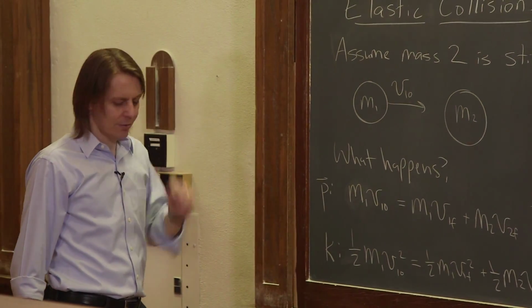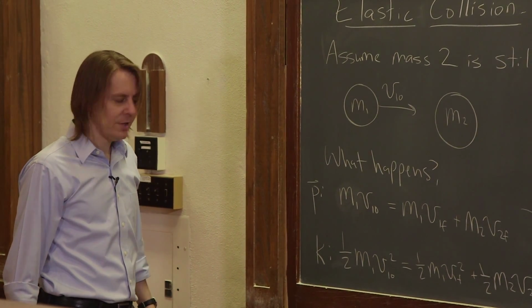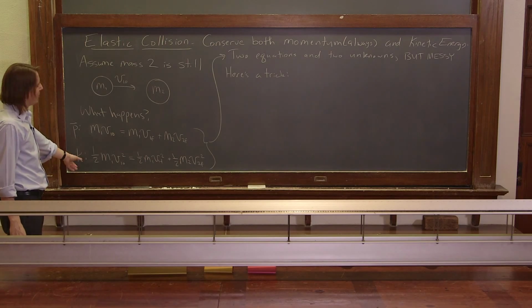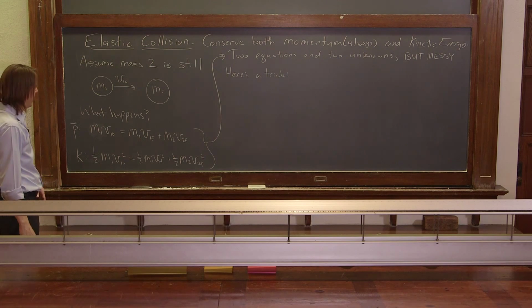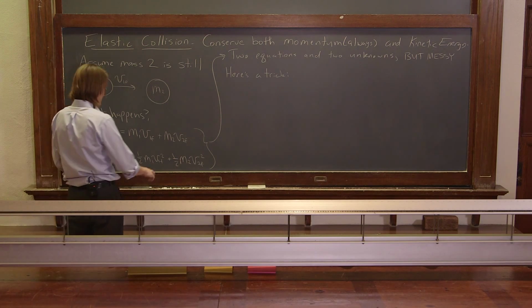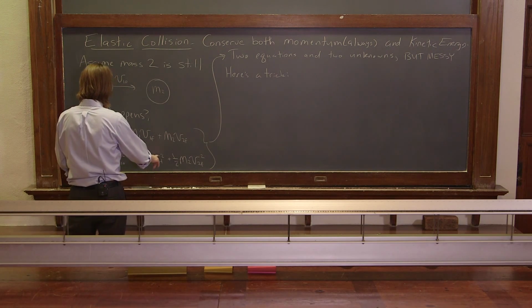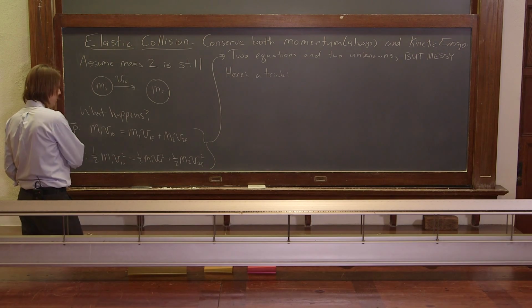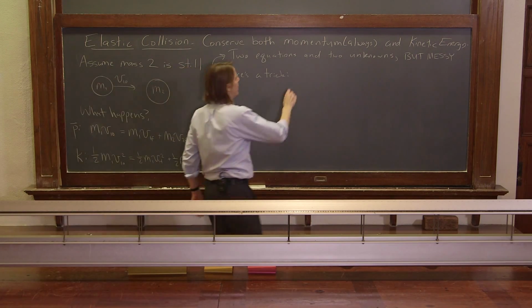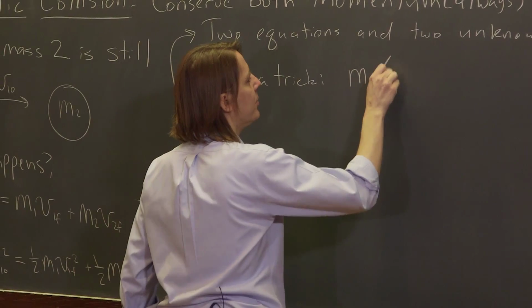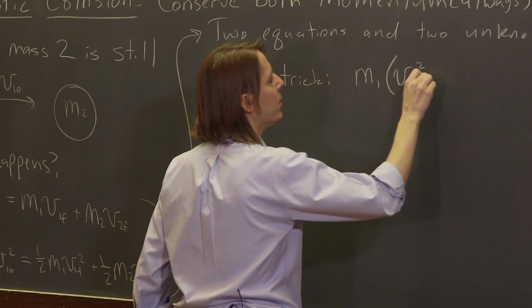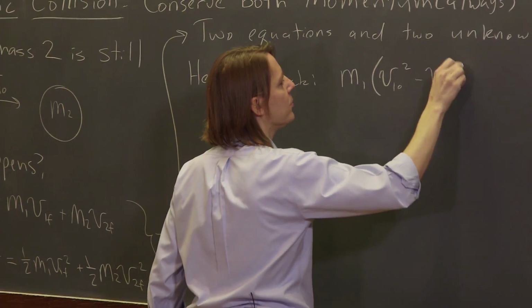So what we're going to do is rearrange the kinetic energy equation. First we'll cancel the halves. We're going to bring the two mass 1 terms to the left, so we end up with mass 1 times v1 naught squared minus v1f squared.